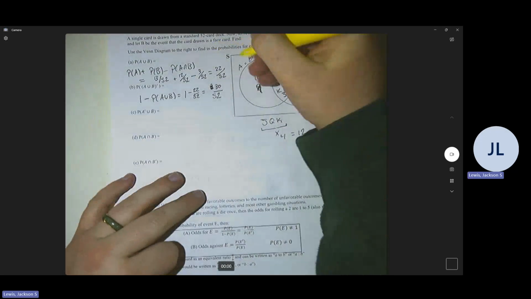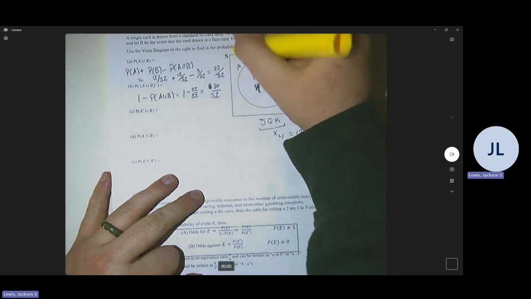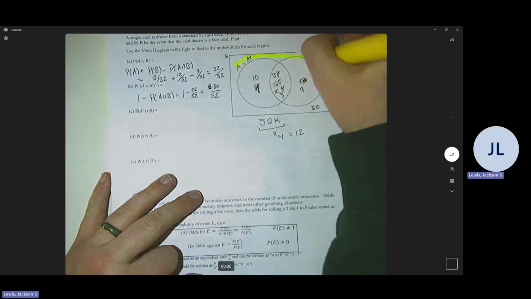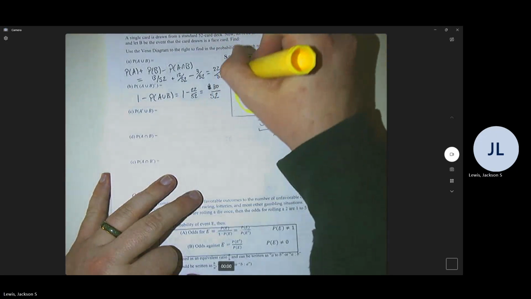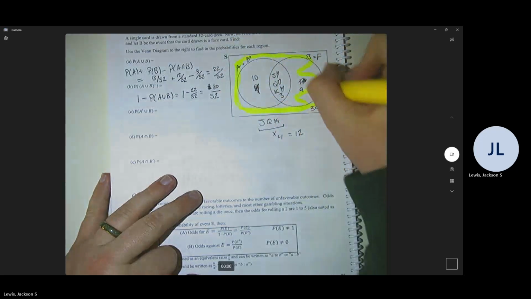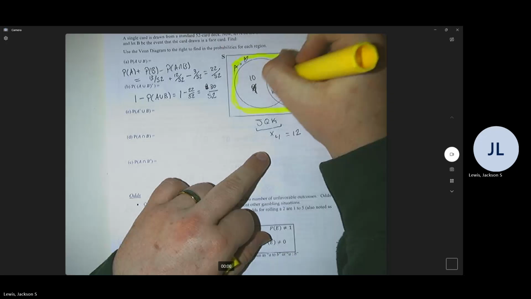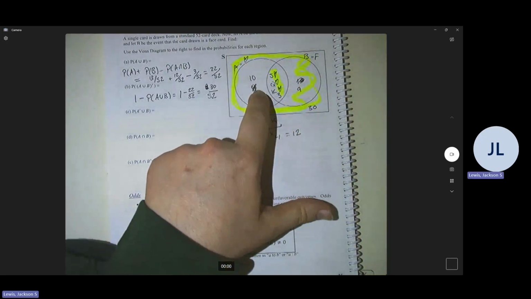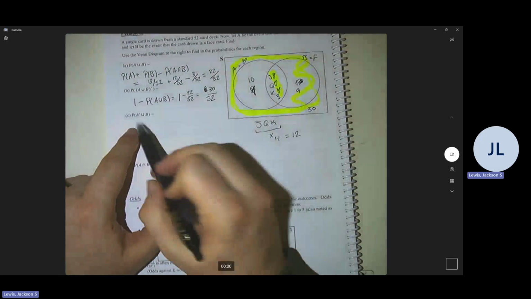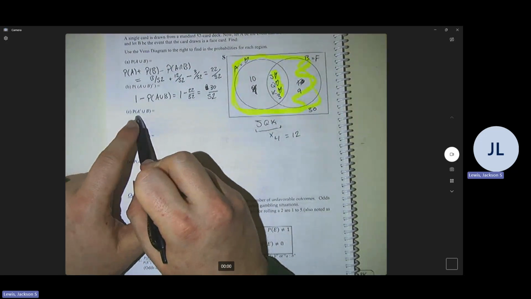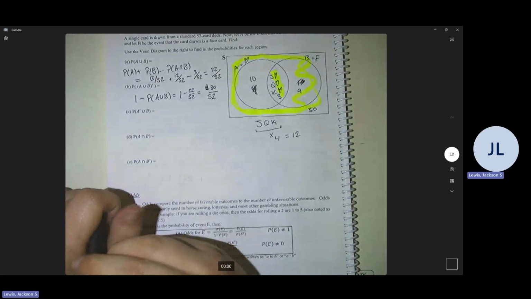So A complement is everything that's not A. Union B, so with the rest of B. So it's just going to be everything that is not a non-face heart, right? And that's what this is saying. It's something that's not a heart or is a face card.